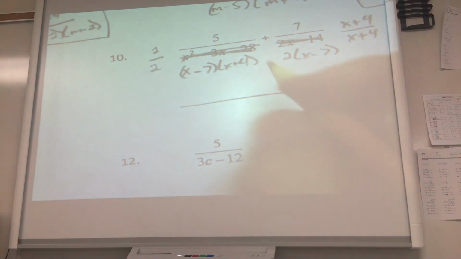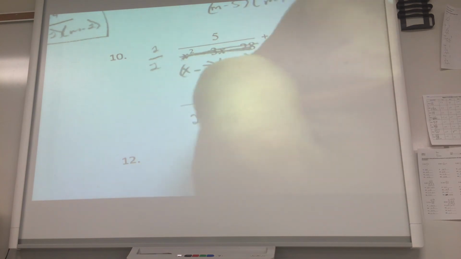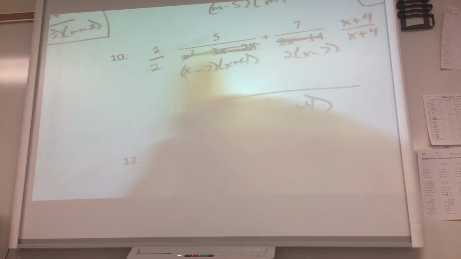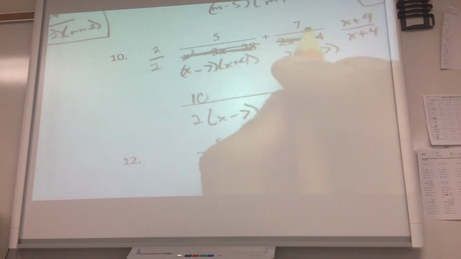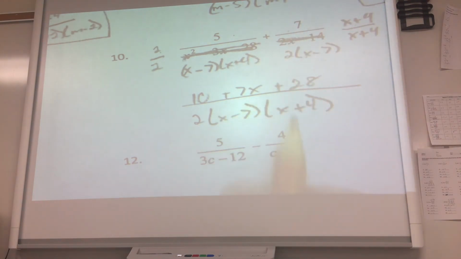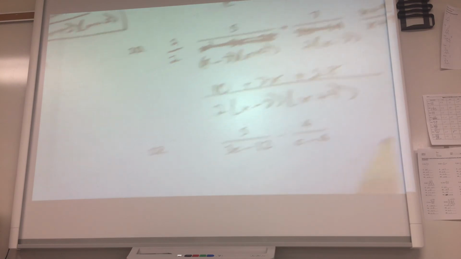So my common denominator now is going to be 2 times x minus 7. Both of them are going to have this as a denominator. My numerator is 2 times 5, which is 10, plus 7 times x, which is 7x, plus 7 times 4, which is plus 28. So it's going to be 38 plus 7x divided by that denominator.